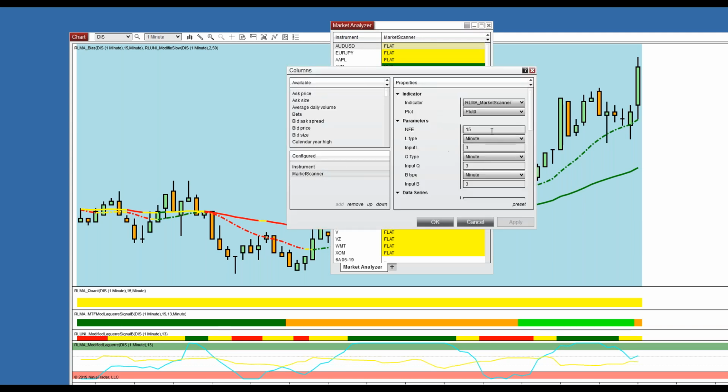If you go to Market Scanner, it doesn't matter whether you trade minutes, range, tick, or Renko. It's all in here.